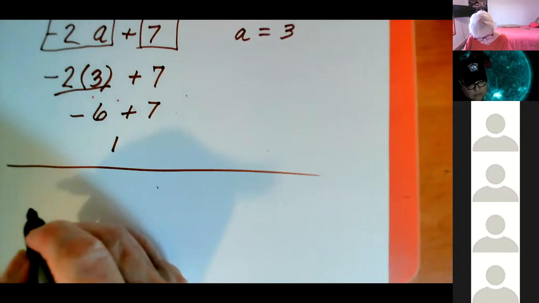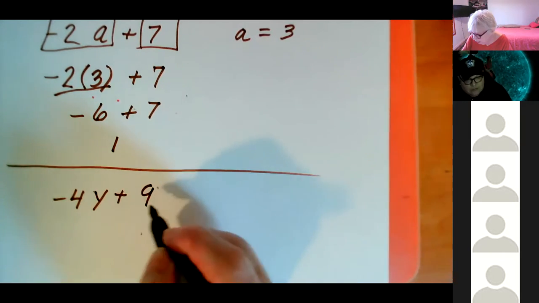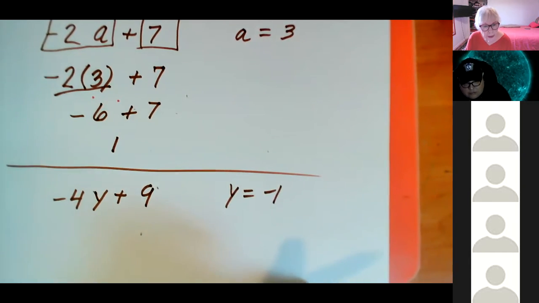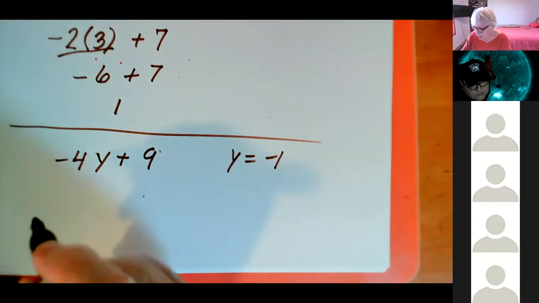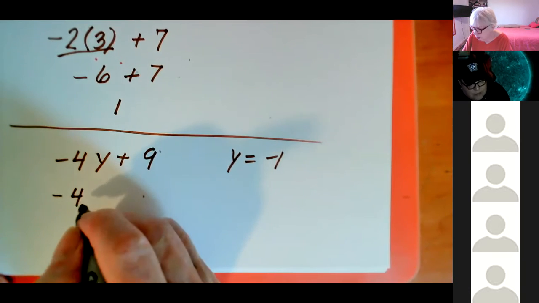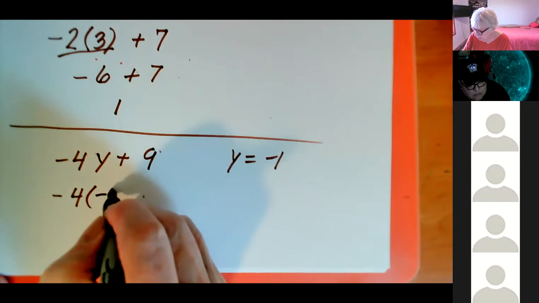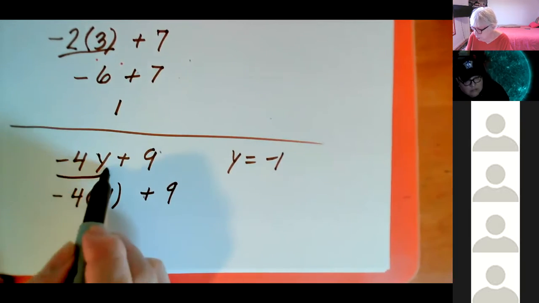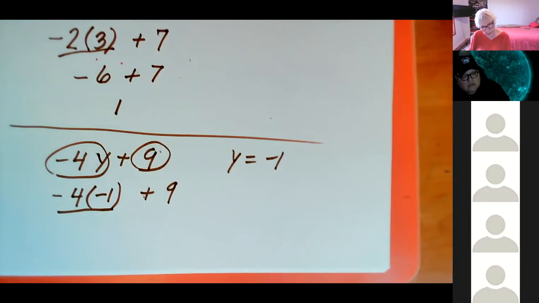I want to do one more. -4y plus 9. And this time I'm inserting a -1. Do not panic. Just do the same exact thing. This is not a time for creativity. This is just methodical. So instead of y, I'll put in its number, -1 plus 9. Notice this was a term, this was a term. And so I've got to deal with this first.